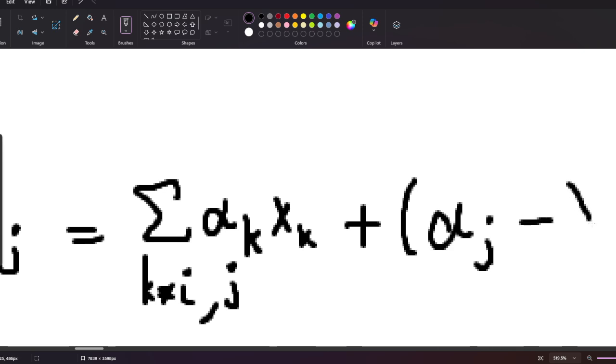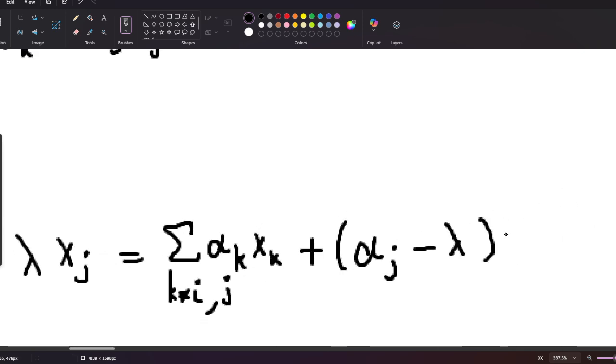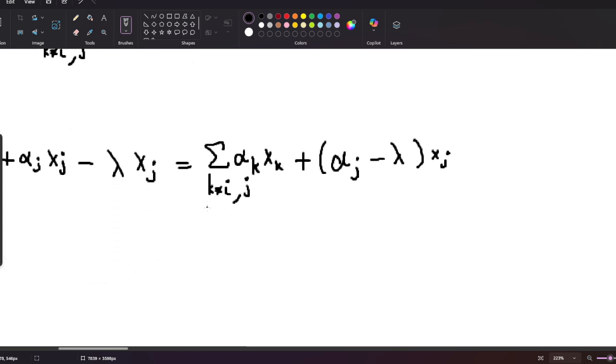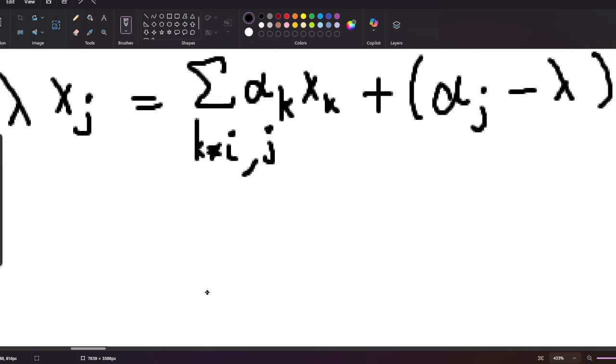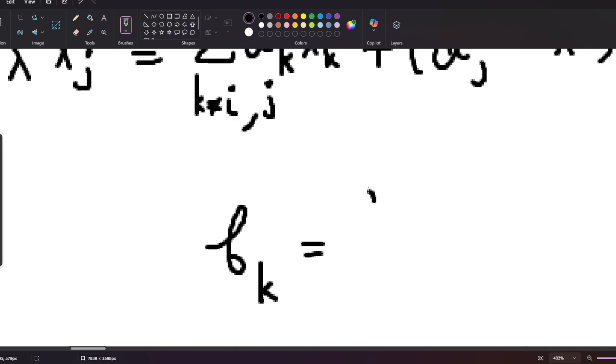So let's write it down, and times xj. Now we can essentially clump it back into the sum, or define a new sequence instead of ak. Let's go with bk. Let's define it as follows.